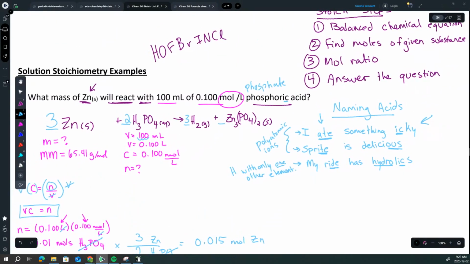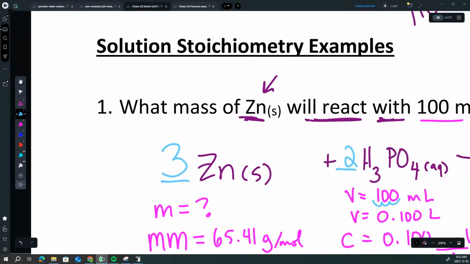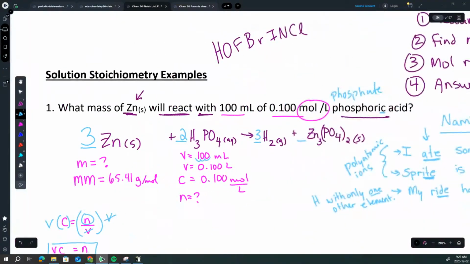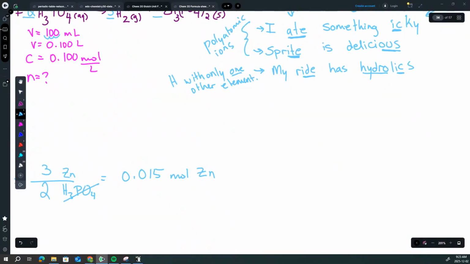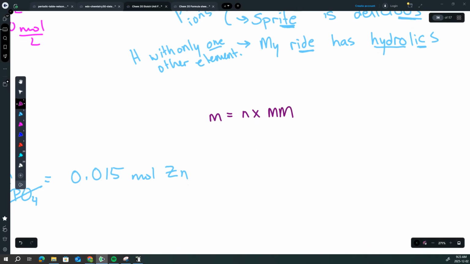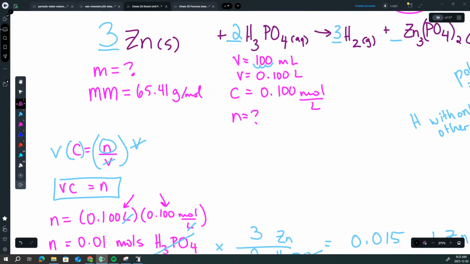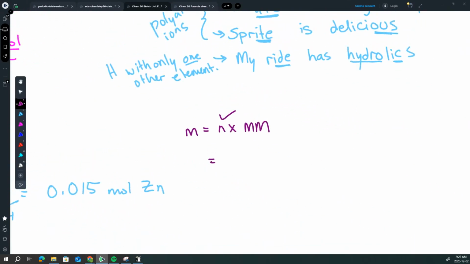All right, step number 4, answer the question. Well, what did the question ask us? It asked us for the mass of zinc. So at this point, our formula is mass is equal to moles times molar mass. Here we have moles, and we already figured out that molar mass was 65.41. So we're just gonna keep on keeping on.